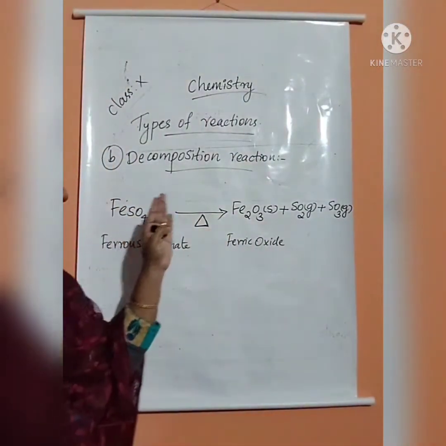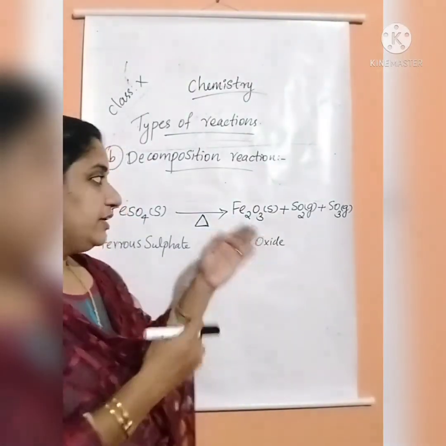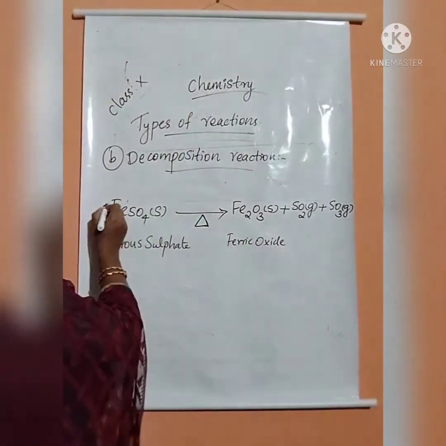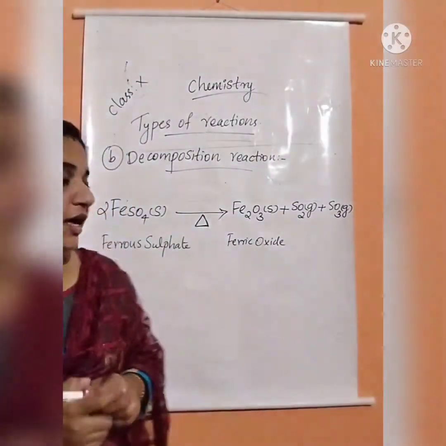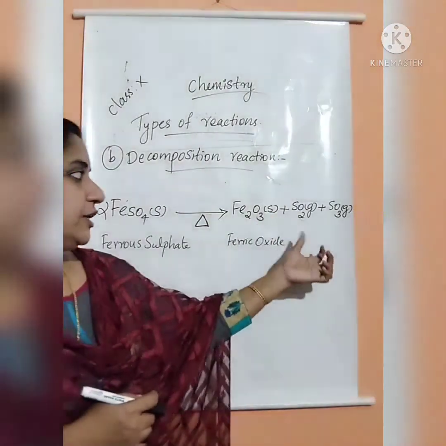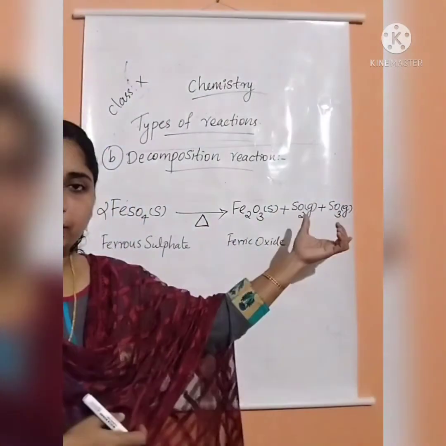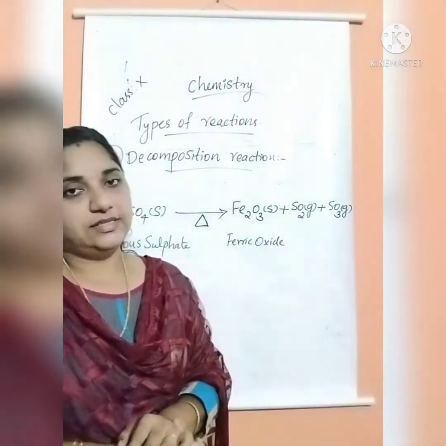Note down, heating is the simple condition here. That is, when ferrous sulfate crystals are heated, they break down into three substances. We want to put 2 here, then only it will be balanced. Ferric oxide, sulfur dioxide and sulfur trioxide gases are formed. Three products are formed when we heat ferrous sulfate crystals.